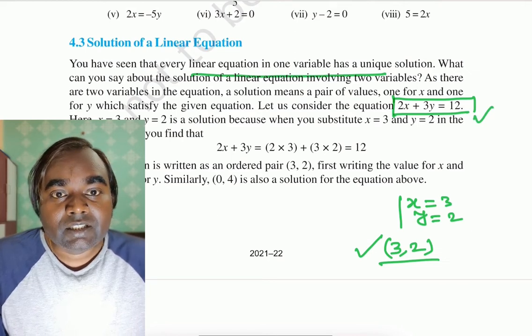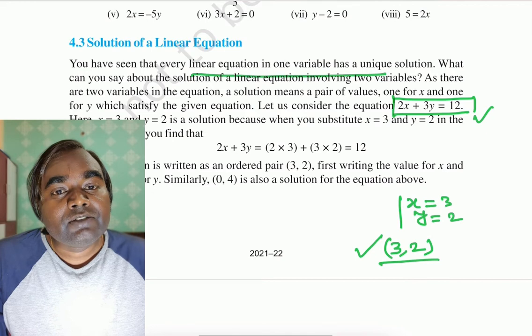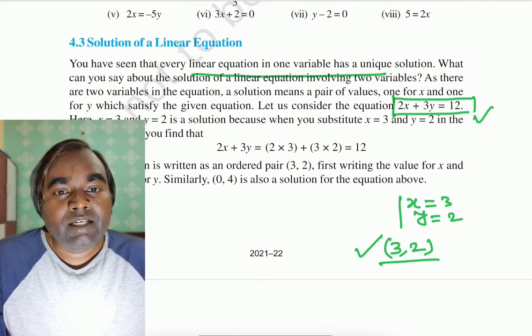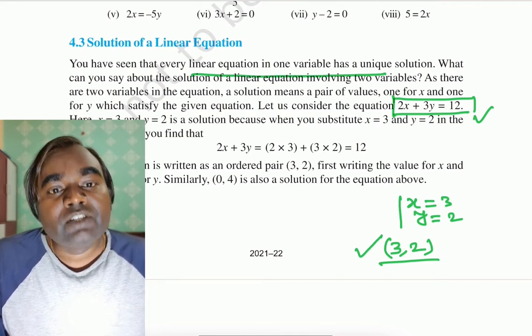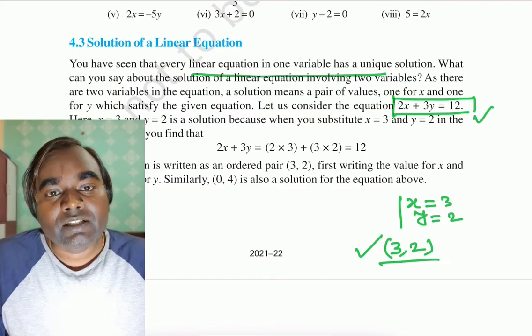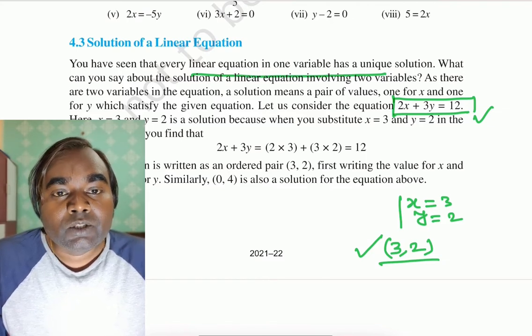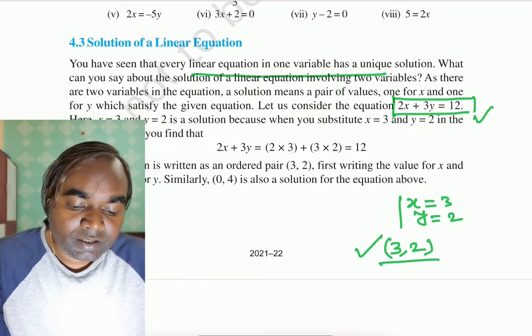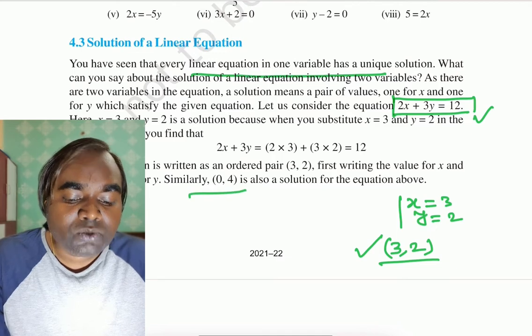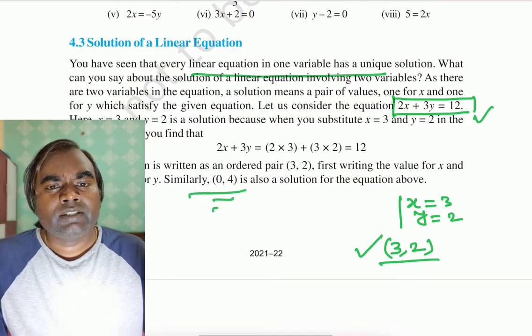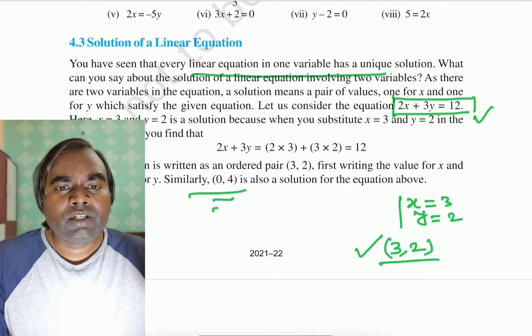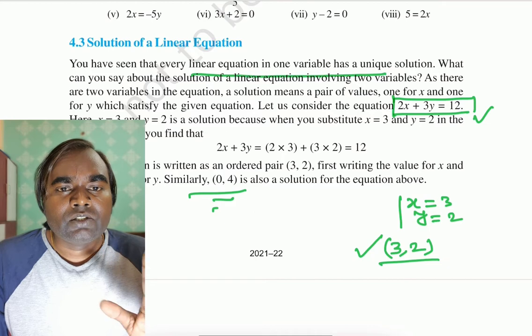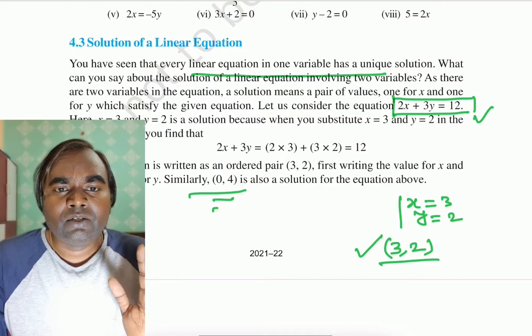But other solutions can also be obtained. For each value of x, we will get a corresponding value of y that satisfies this equation. Now suppose we keep x is equal to 0. In that case, y will be 4. That means this is also a solution. So to get a solution of a linear equation, simply put x is equal to 0 and you will get the corresponding y value, and put y is equal to 0 and you will get the corresponding x value.